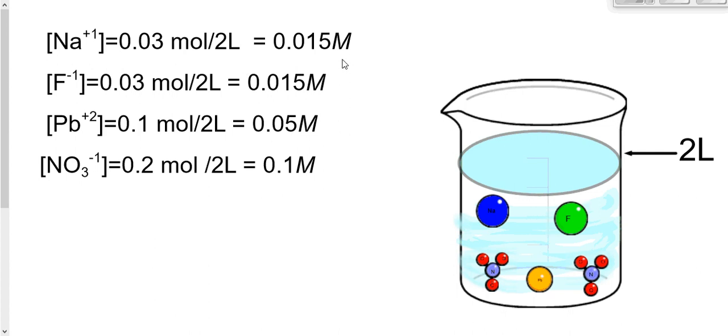So the concentration of my sodium ion will be 0.015, the fluoride ion 0.015, the lead ion 0.05, and the nitrate ion will be a concentration of 0.1. Because I'm interested in the formation of lead fluoride as a possible precipitate, these are the concentrations that are relevant to what I'm trying to determine.